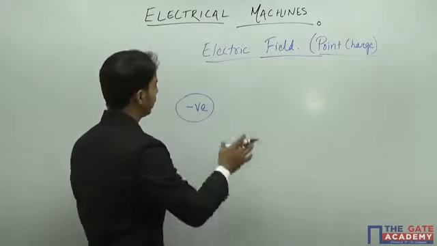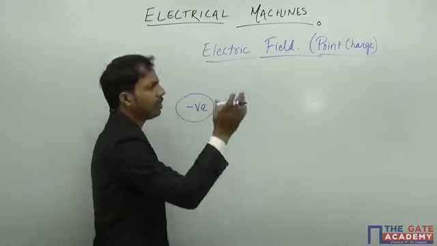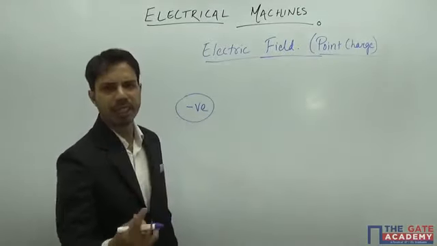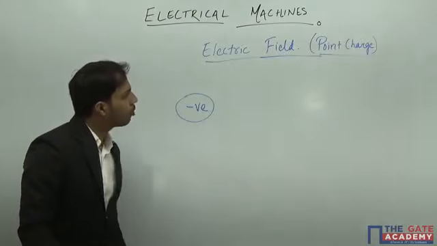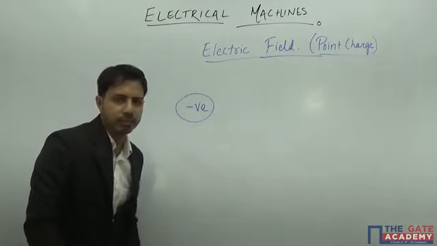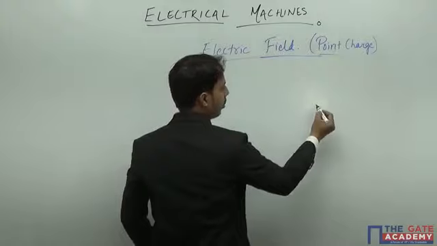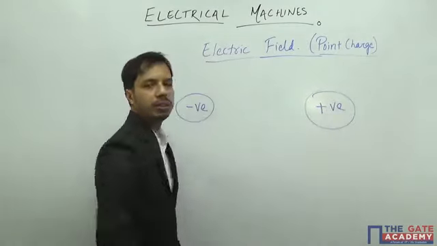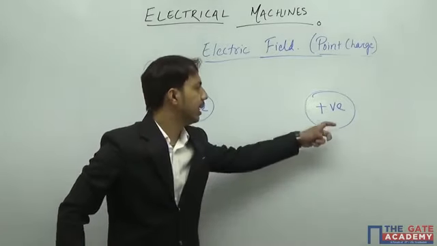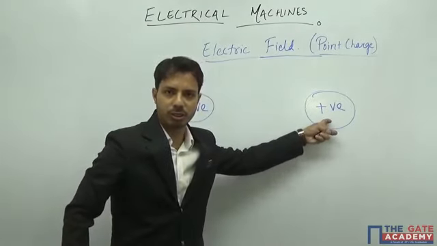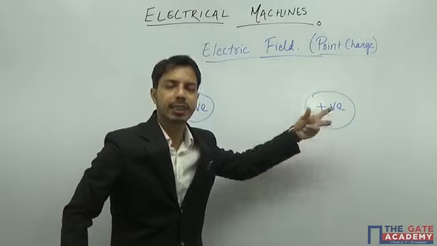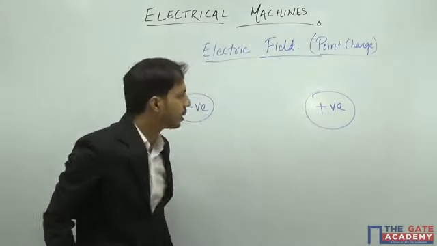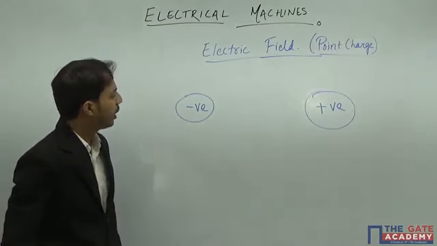Now suppose there is a body which is negatively charged. When it's a point charge, that means a very small unit negative charge. Now what will be the field for that? Field means, if I have a positive charge here, what does this positive charge mean? It means a deficit of electrons, that it has a smaller number of electrons.